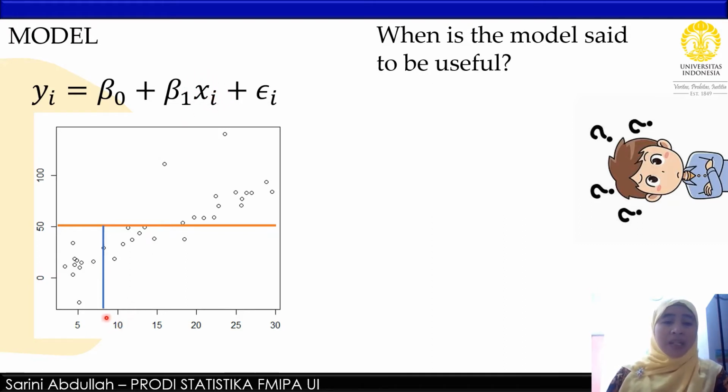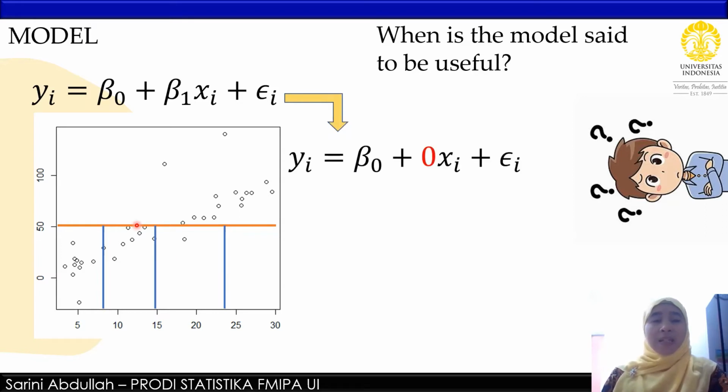How do we know that? Let's say here for x equals something between 5 and 10, then yi is given by this value. We change the value of xi, we still get the same y value. Change the value of xi, we still get the same y value.